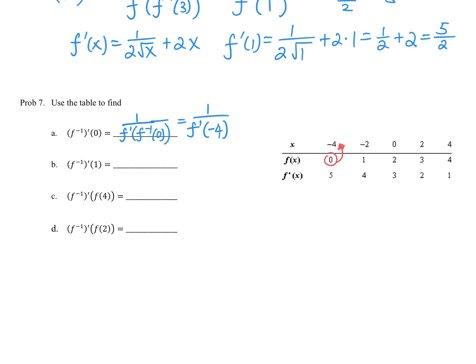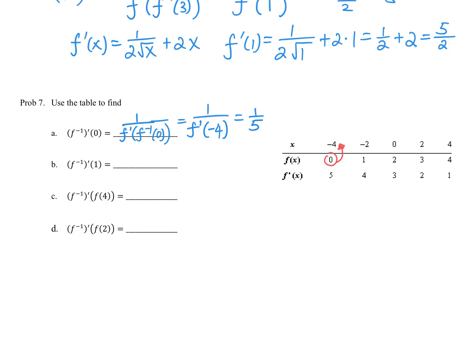So -4. And f prime of -4 is equal to 5. This is equal to 1 over 5. Pause the video and then try the next one. Give yourself a little room to think about it.